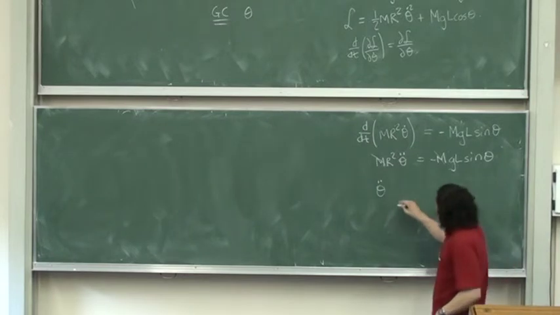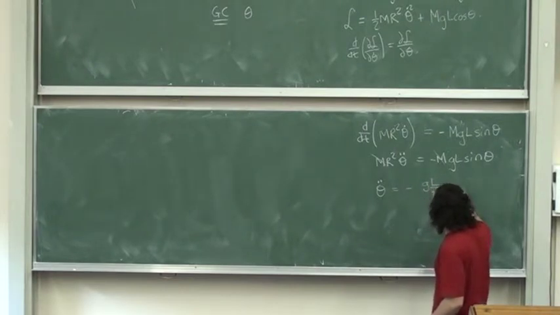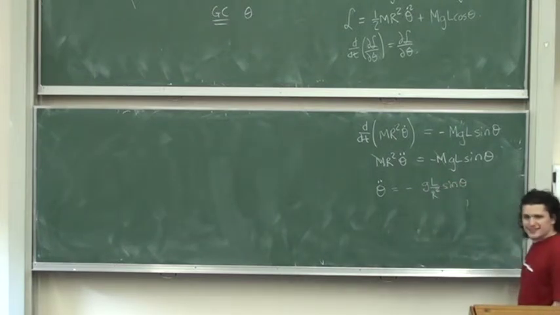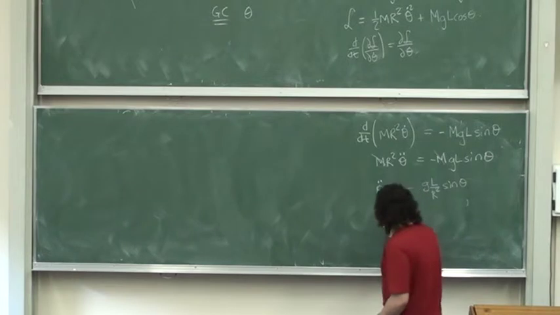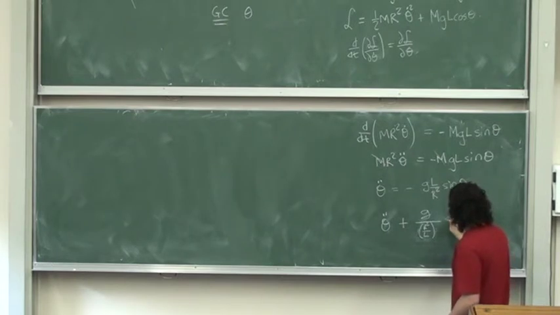Theta double dot in general here is then equal to minus g L over r squared sine theta. So I'm going to write this in a suggestive way: theta double dot plus g over r squared over L sine theta is 0.